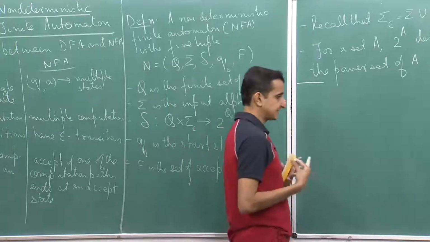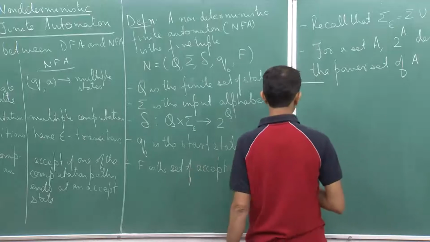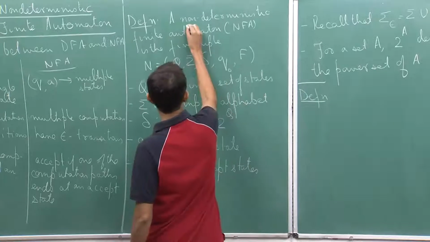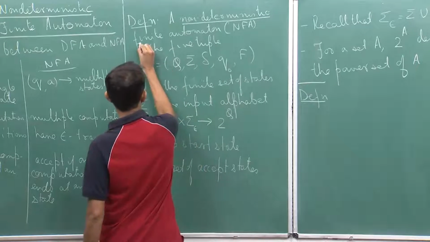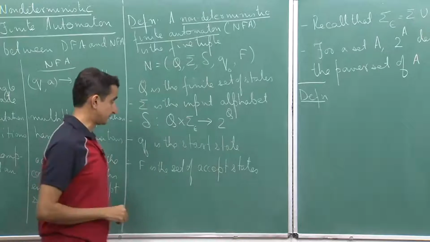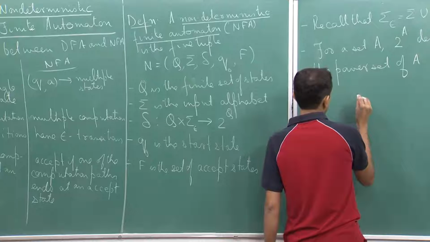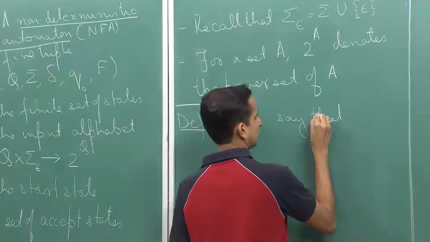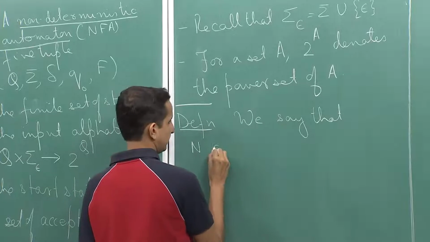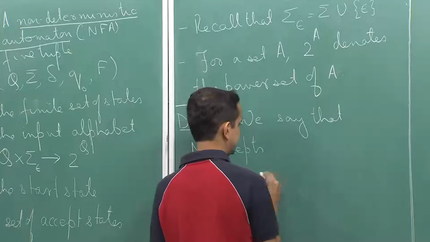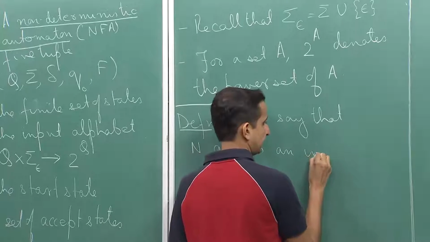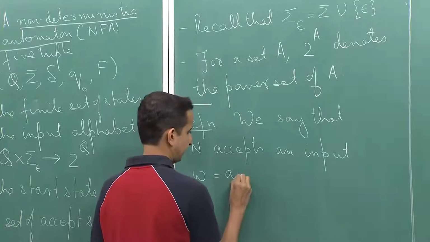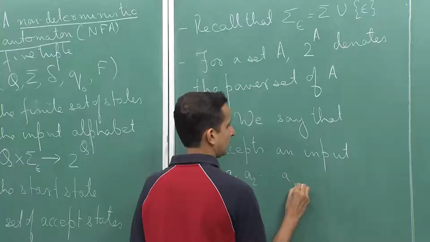Now, how do we define acceptance? Let us say we have this NFA, N. We say that N accepts an input W equal to A1, A2 up to An.